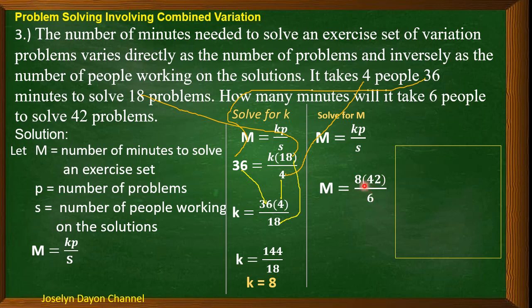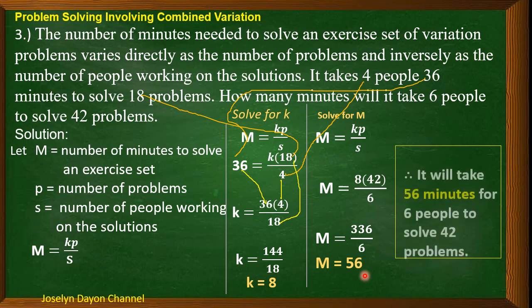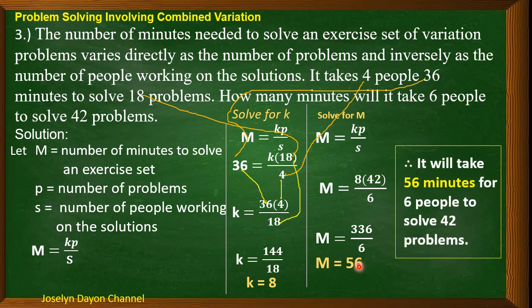Now simplify, so 8 times 42 is 336 divided by 6, that is equal to 56. So therefore, do not forget, if it is worded problems like this, do not forget to write the unit. It will take 56 minutes for 6 people to solve 42 problems.